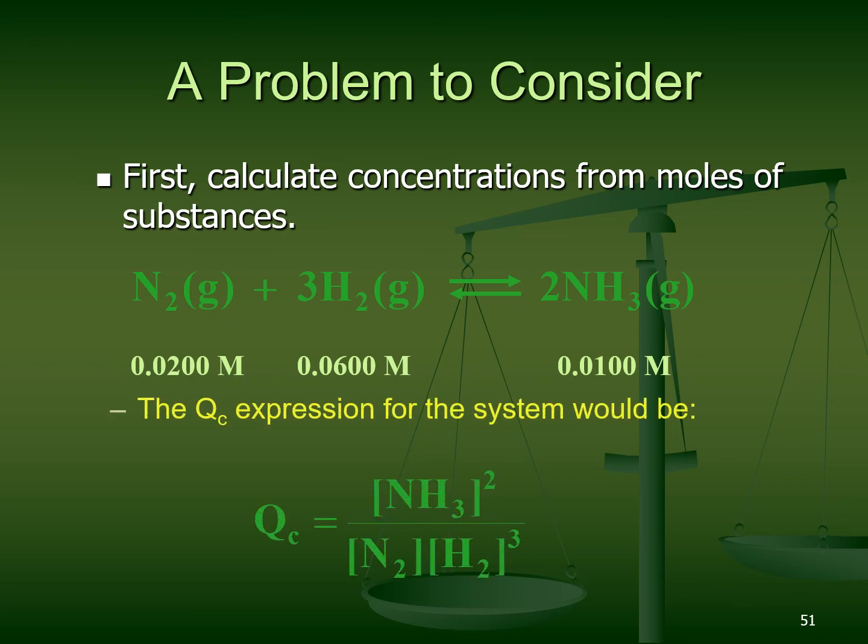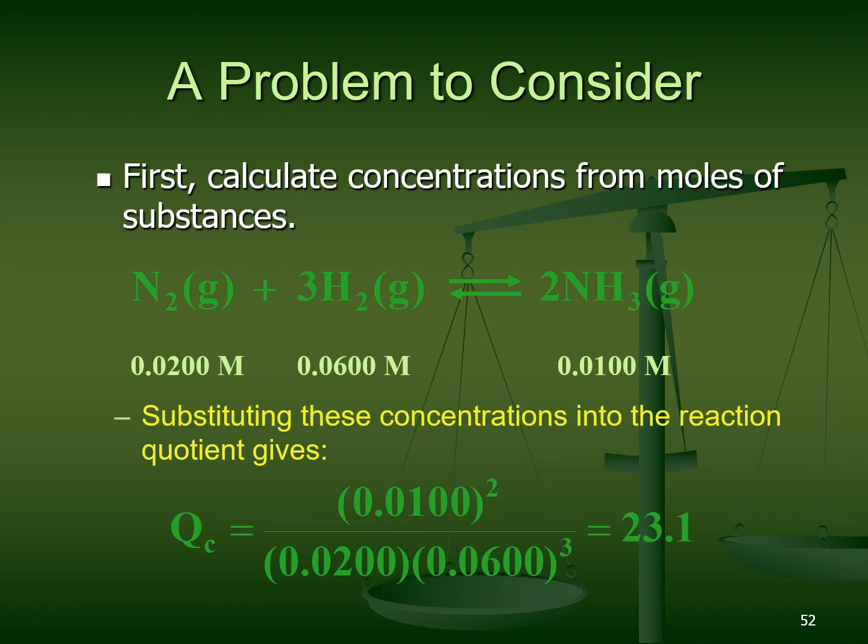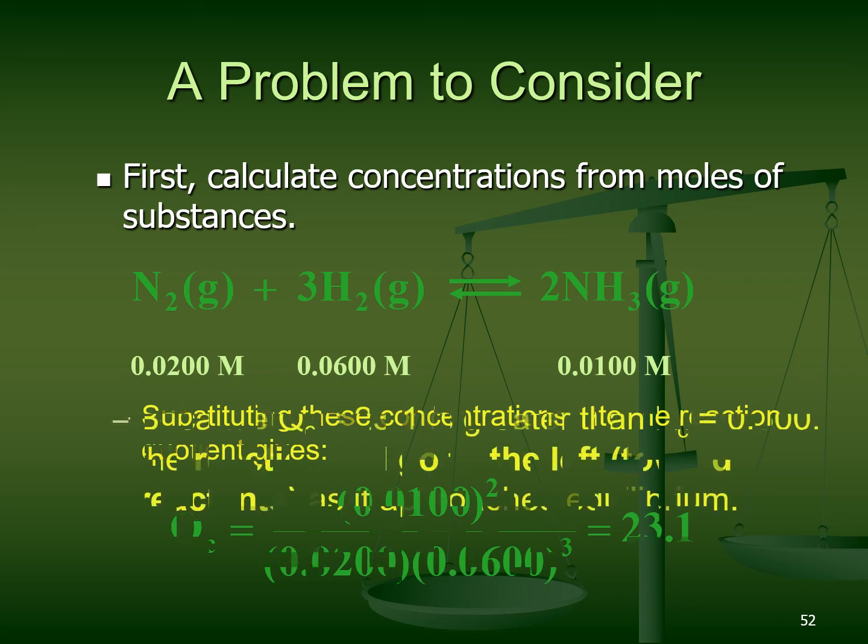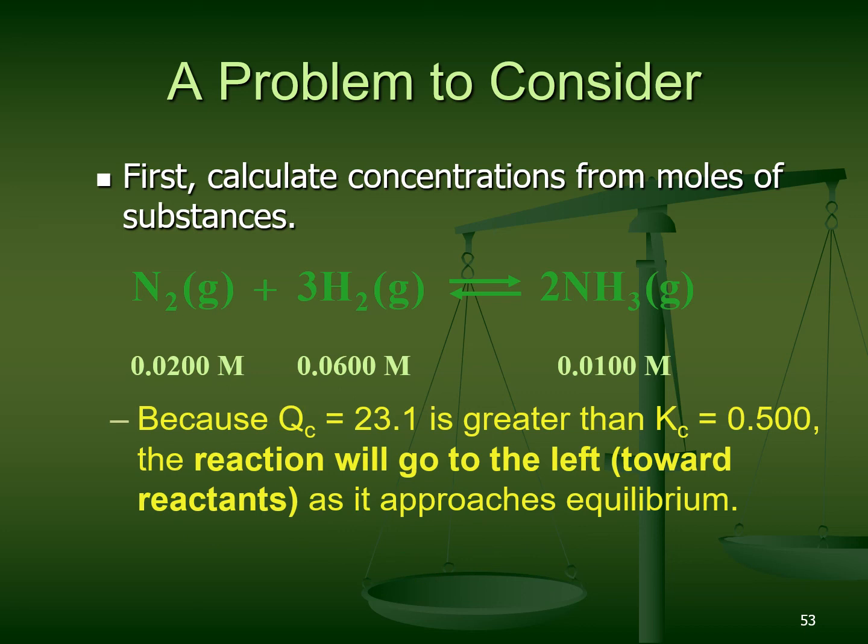There's our Q expression, NH3 squared over N2 times H2 cubed. Plug those in and we get 23. So first of all, we know 23 is not 0.5, so we're not at equilibrium. We also know that Q is greater than K. So what does that mean?